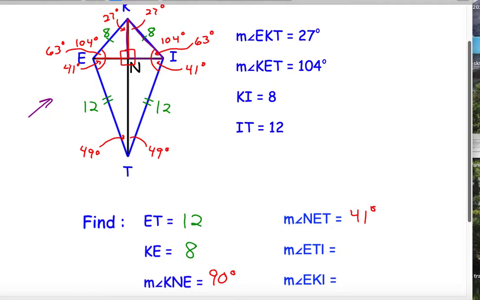ETI, E to T to I, that would be 49 plus 49 at the bottom here. E to T to I, it's both of these together, so that's 98. And E to K to I, that would be this vertex angle up here at the top, both of these combined, E to K to I, and that's going to be 27 plus 27, which is 54.